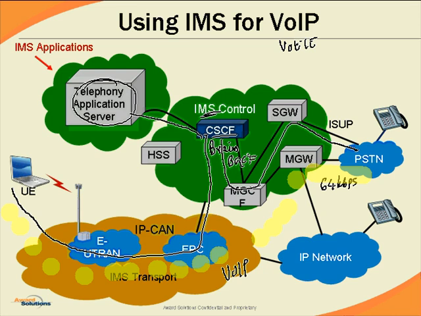If it is a call to another UE or an IP phone, then much simpler, no need to go outside the IP domain. So in that case, we have packets going like this all the way up to PGW.